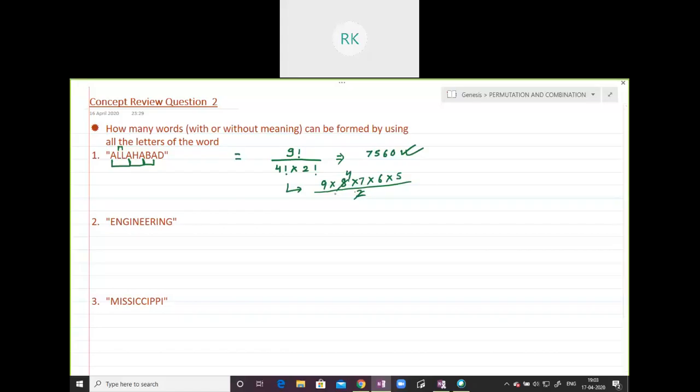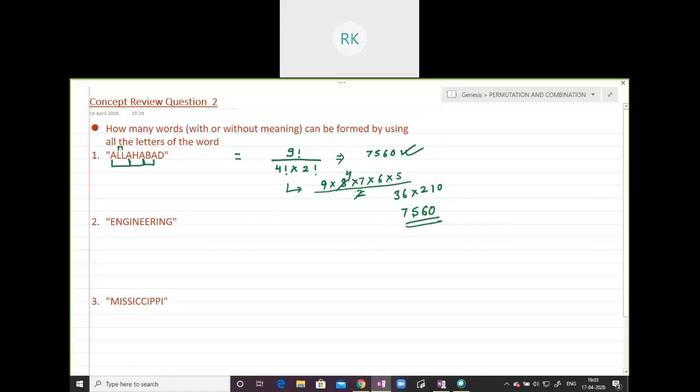So 36 into, let's check it out, right answer or wrong. 36 into 210. So 21 6 are 6, 5 21 3 are, so 7 0. Yes, 7560 is the correct answer.